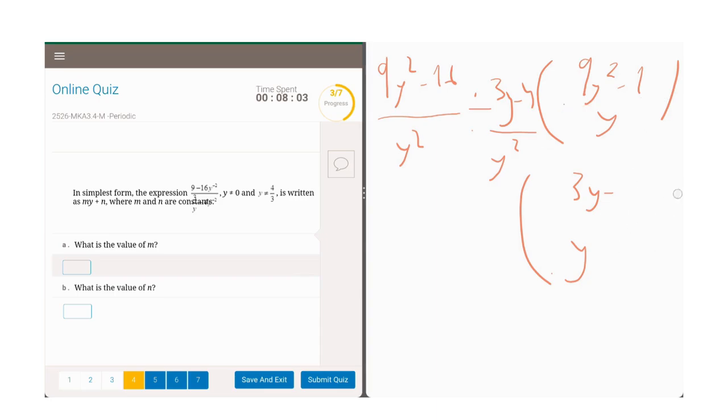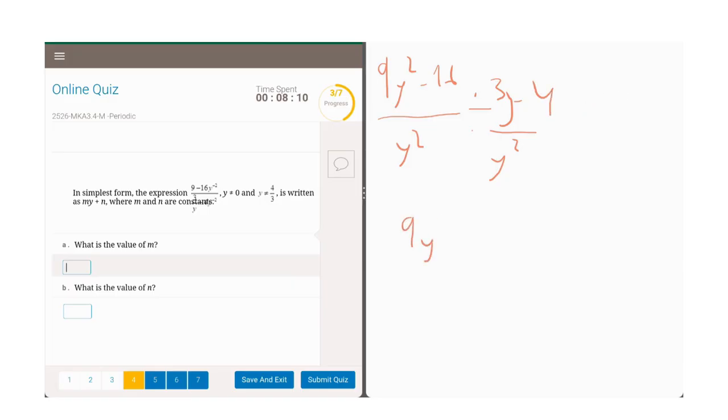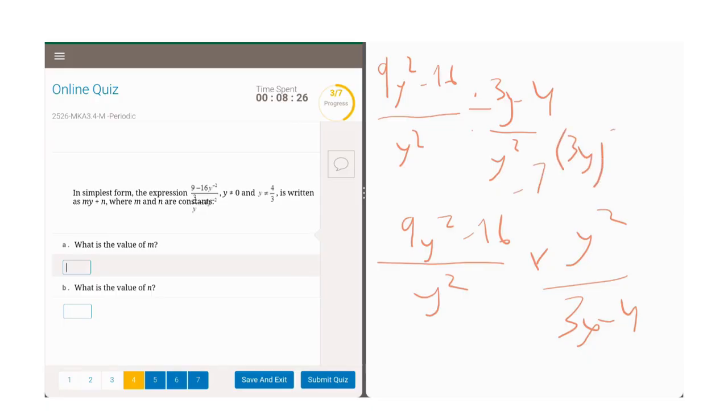No, let me just delete this so that I'll have more space to write. We'll have 9y squared minus 16 over y squared multiplied by y squared over 3y minus 4. Now we have to factor 9y squared minus 16. It's difference of two squares. It is 3y all power 2 minus 4 power 2.